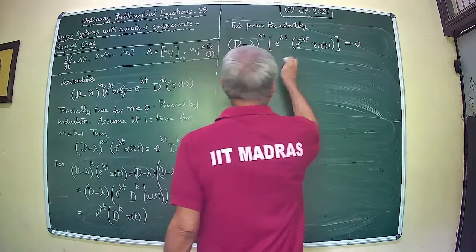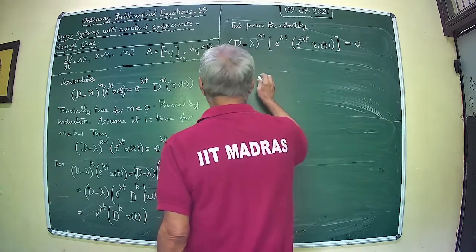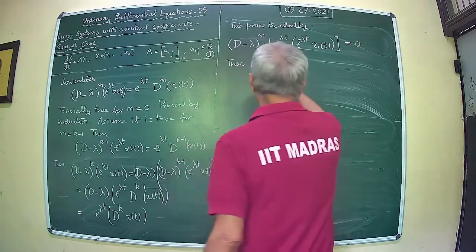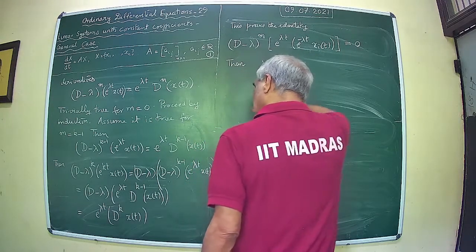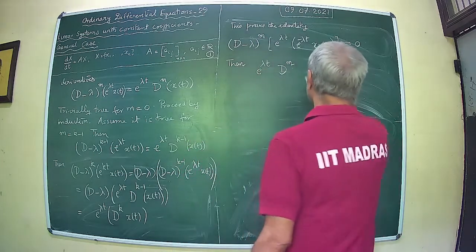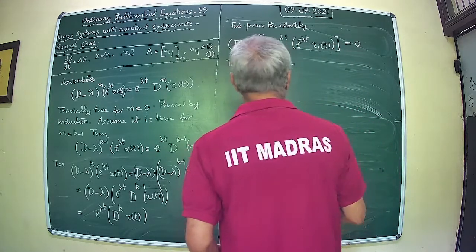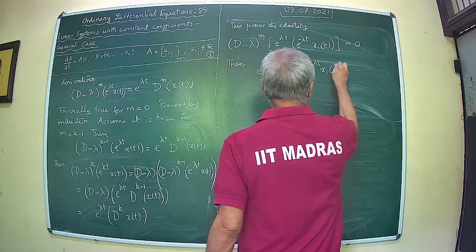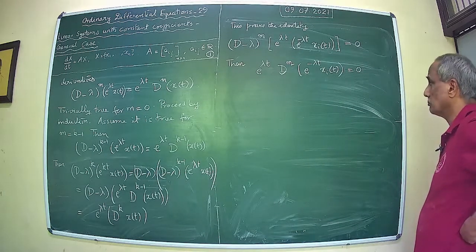Then if you apply for this function, you are going to get D to the power m of e to the power minus lambda t x_i(t), we have to work on this function, equal to 0. Okay.